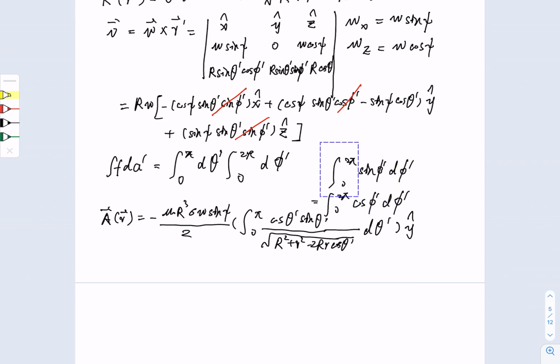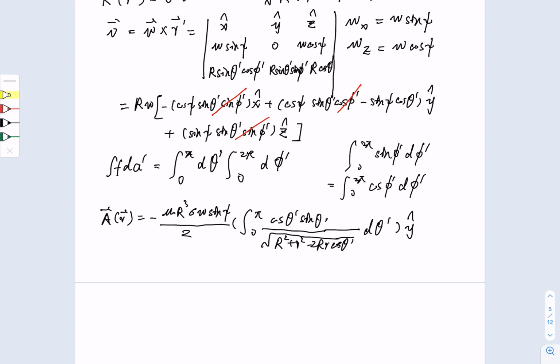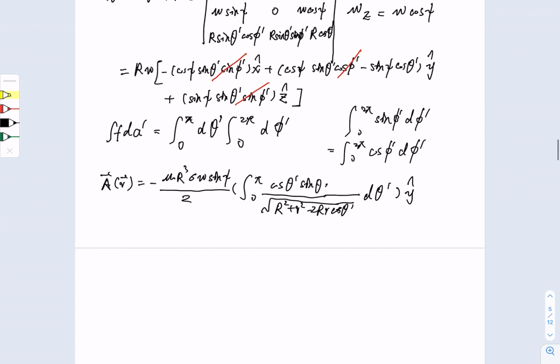What we are left with is a single integral along the theta prime direction. We already performed the integral along phi prime. And along the theta prime direction, the integral in the parentheses is actually something we are familiar with.